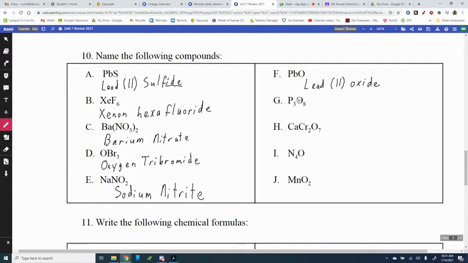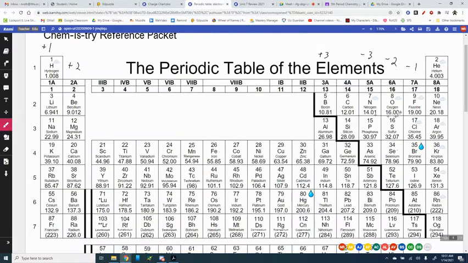All right, P3O8. So we have P and O. There's P. There's O. So we have phosphorus and oxygen. Phosphorus is a non-metal, which means this is covalent, which means we have to use the prefixes.